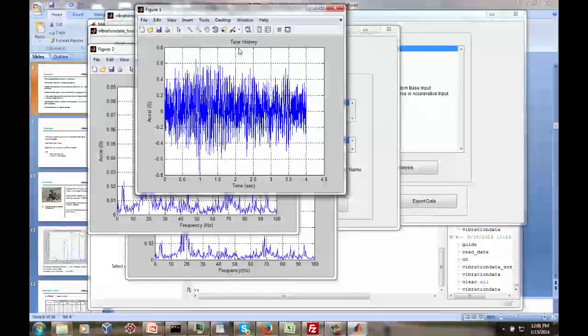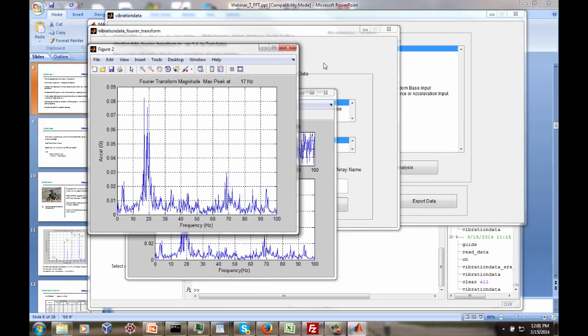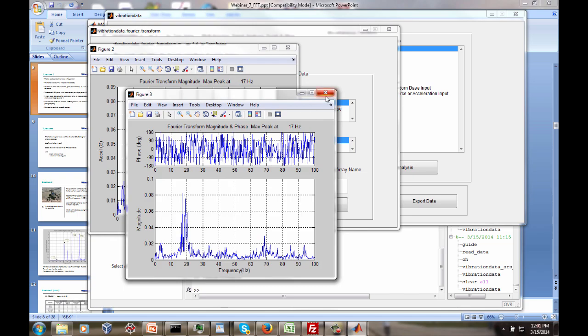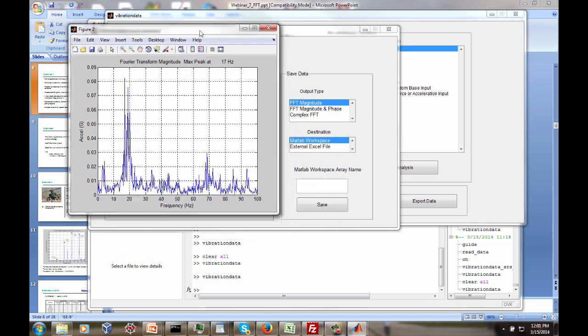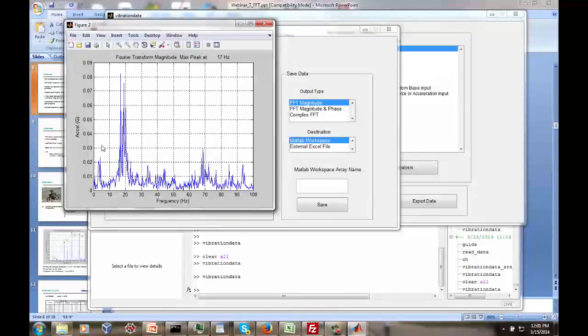Backing up, here's the actual time history that we're taking a look at. 4-second duration. We're not so much interested in the phase angle, so I'm just going to delete this plot. And here we see the Fourier transform magnitude with a peak at 17 Hertz.